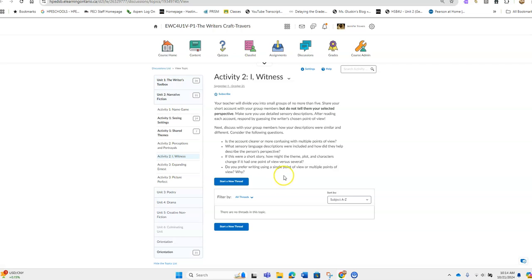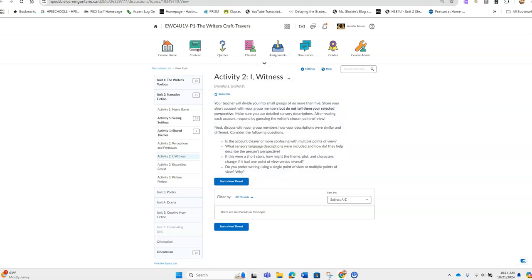Okay, so these are some questions for consideration before you post, just in terms of your story. And then what's going to happen is you're going to have group members guess which perspective it's from, or what they liked about your story, etc. So there are many different comments that you can have.